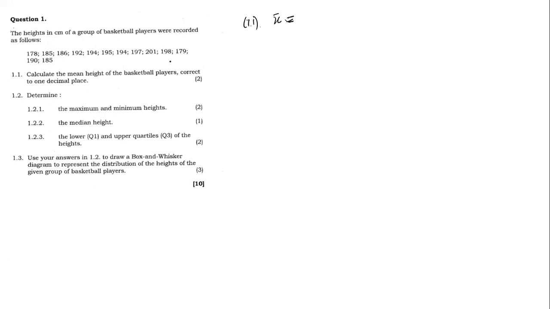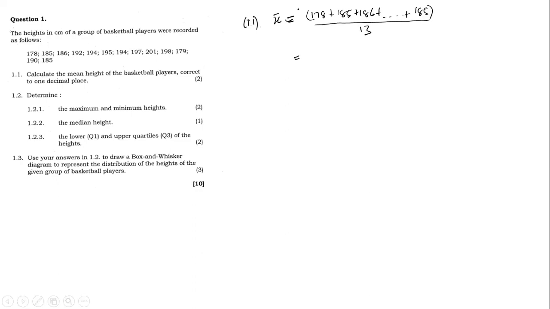X bar is equal to the sum of all of these values, which is 178 plus 185 plus 186 plus, I'm not going to write all of them, okay, to the last value, which is 185. We're just going to add them and then divide by the total number of players whose height was recorded, which is most definitely 13.